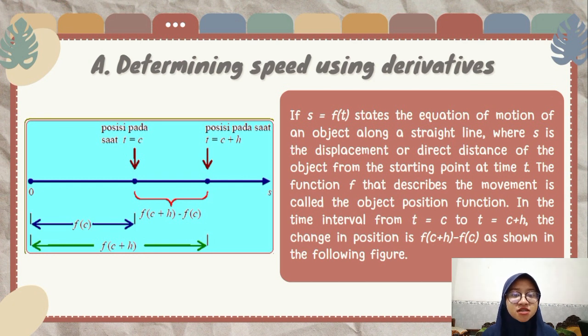The difference from t equals c to t equals c plus h is called h, or the displacement or distance. Displacement can be obtained from the function f(c plus h) minus f(c). f(c plus h) is the distance from 0 to c plus h, and f(c) is the distance from 0 to c.